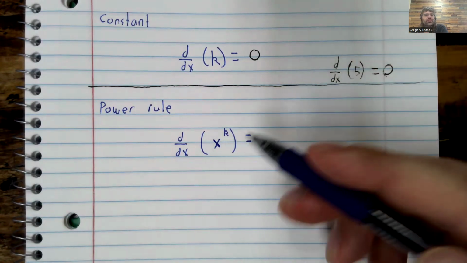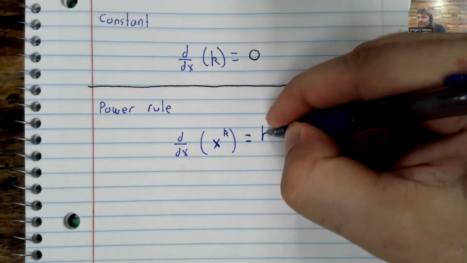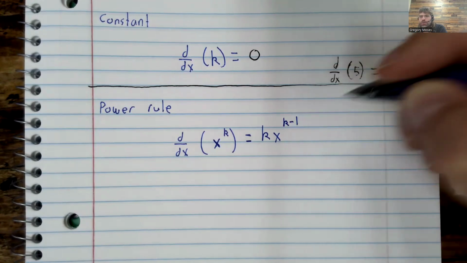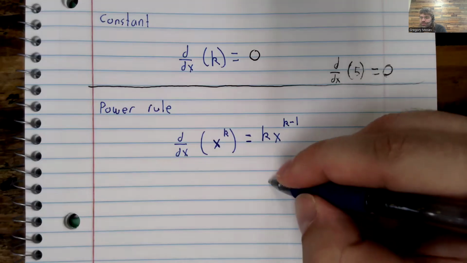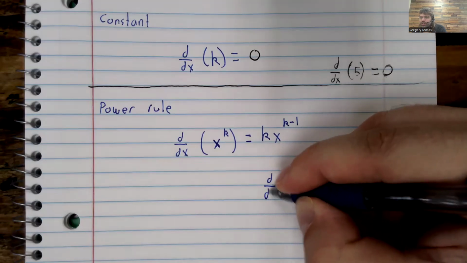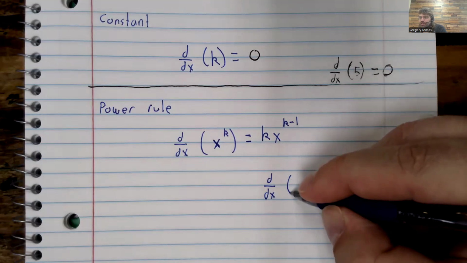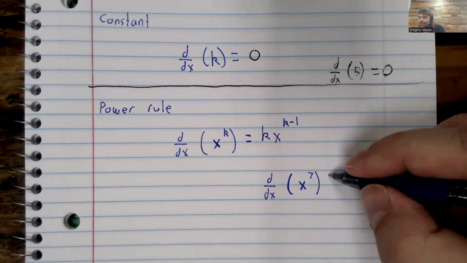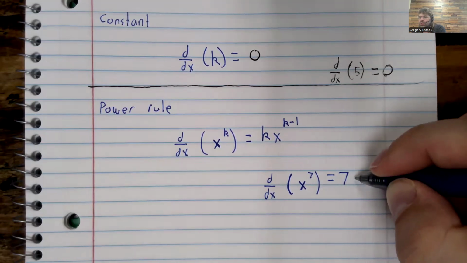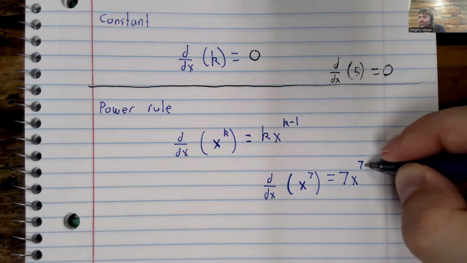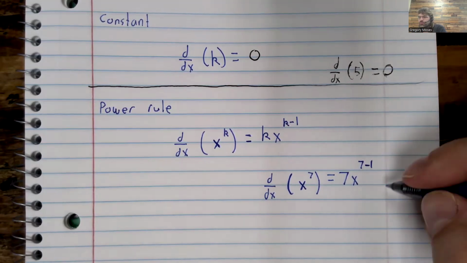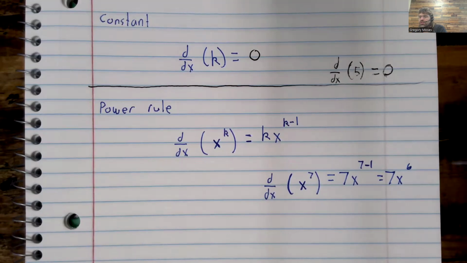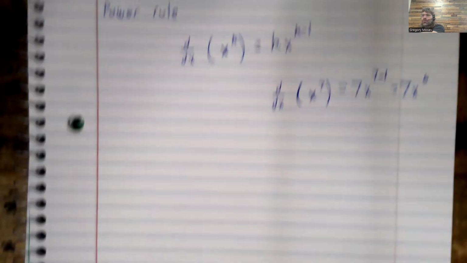But the derivative of x raised to a power is the power times x raised to the power minus 1. So, for example, the derivative of x to the 7th: the power comes down, 7x, and then the power is reduced by 1, so 7x to the 6th power.